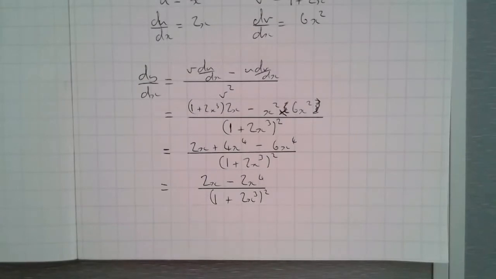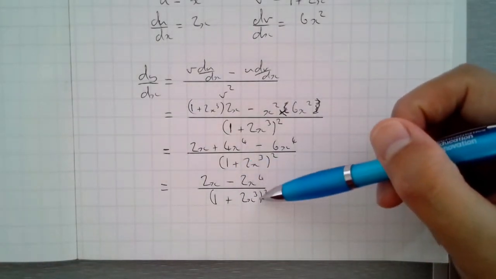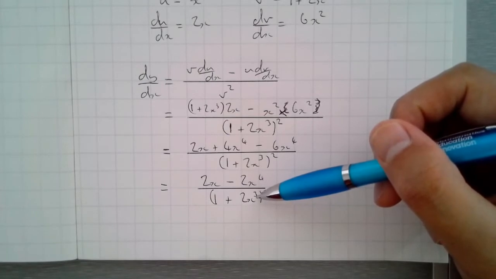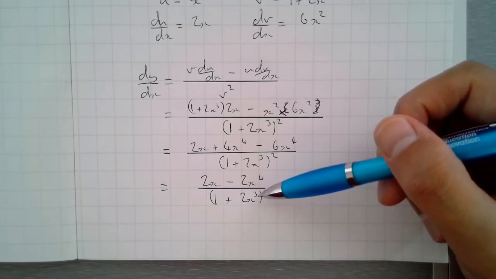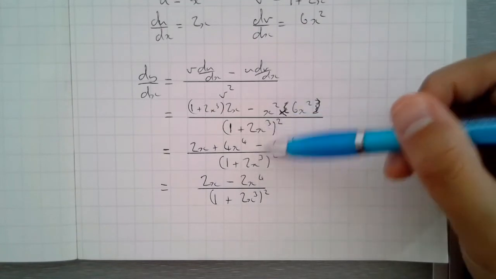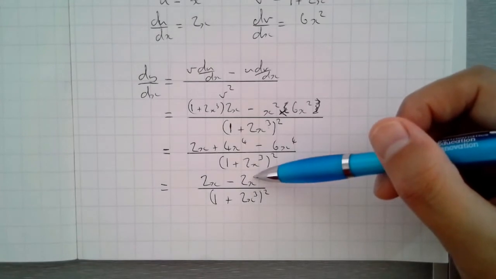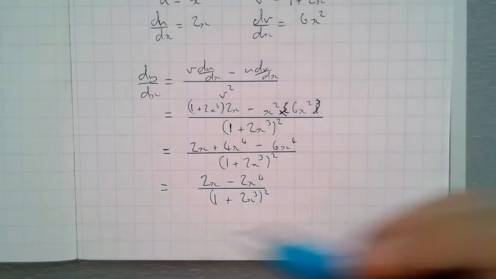And hopefully from here you can start to think, okay, well, is there anything here which I can possibly cancel at the bottom? In this particular case, there isn't going to be anything, but the reason why you don't expand the denominator is that sometimes you'll get something that cancels the numerator, and it's easier to see when it's in brackets.